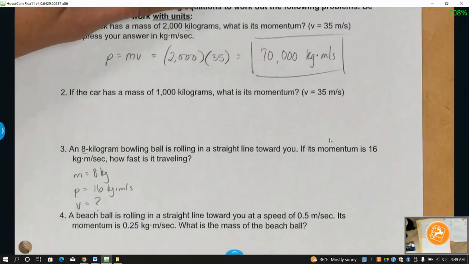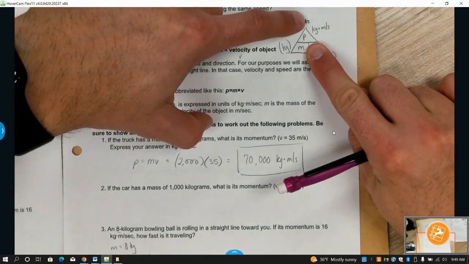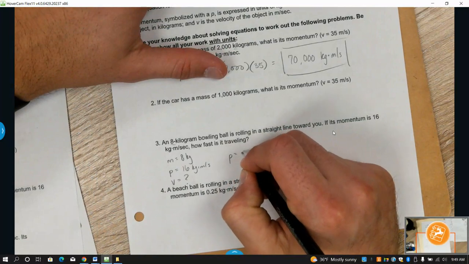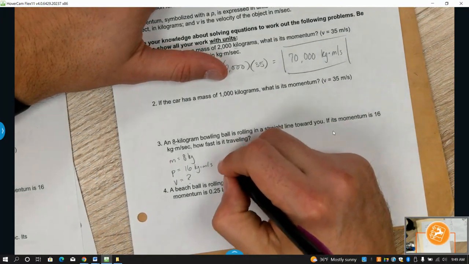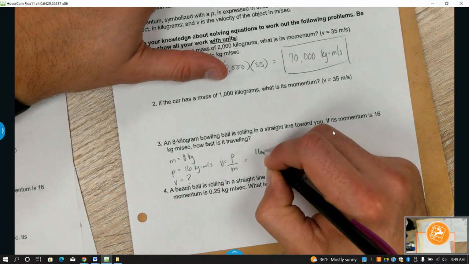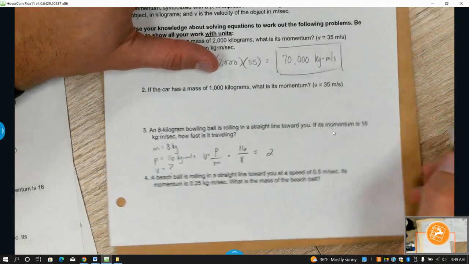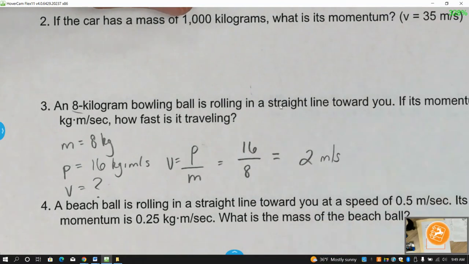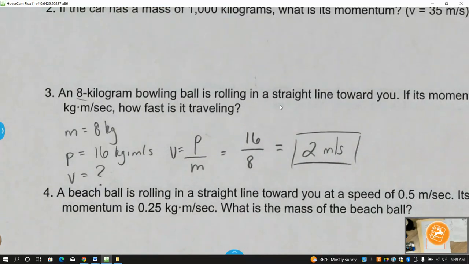V. So again, if you're not familiar with the triangle, if I cover up V, it's going to be P divided by M, P over M. V is P over M. So you then throw in your numbers. 16 over 8, and that is going to give us 2, and the unit for velocity, 2 meters per second.